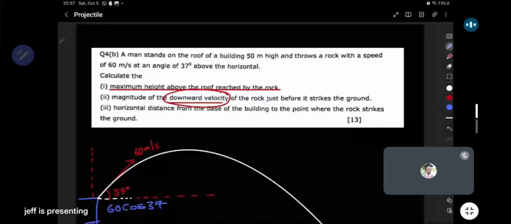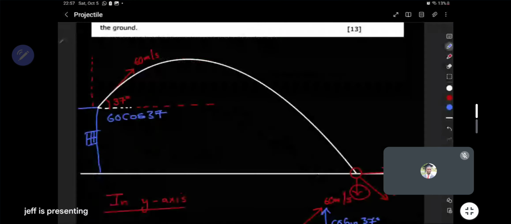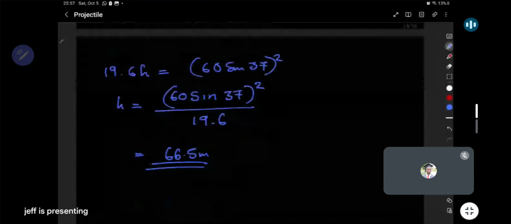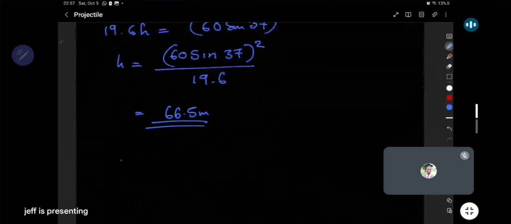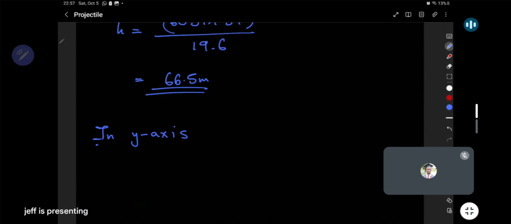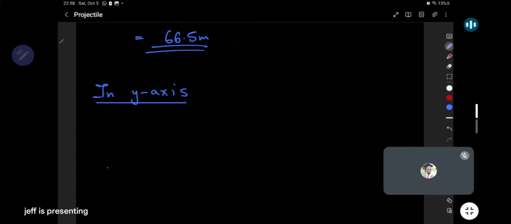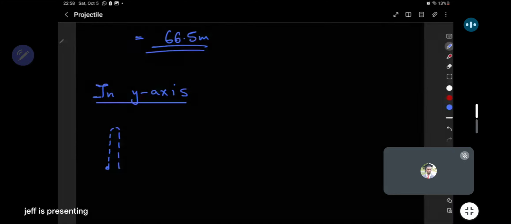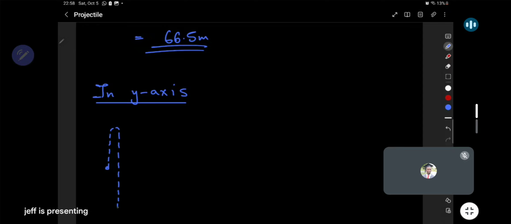Okay, so we can move on to part 2, the magnitude of the downward velocity. Since that's just the downward velocity, we are still in the y-axis. But this time around, we want the velocity it hits the ground with, meaning it's starting from the building here, it has to go up to the topmost point, then it has to fall down until it hits the ground.